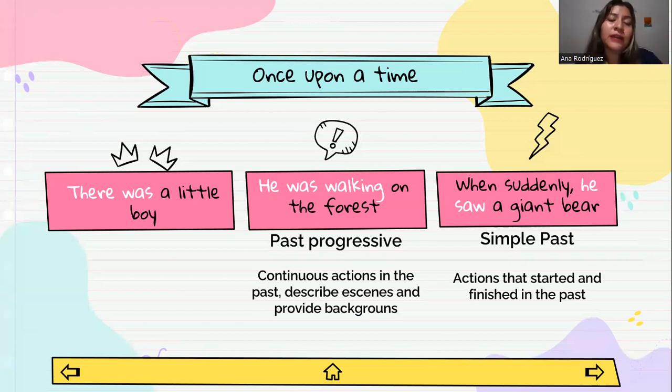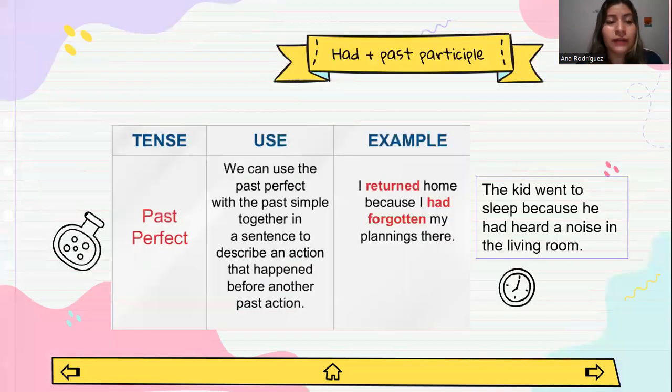If we are talking about we, they, or you, then we are going to use were, right? They were walking, you were walking, we were walking, right? So we can use those in past continuous.